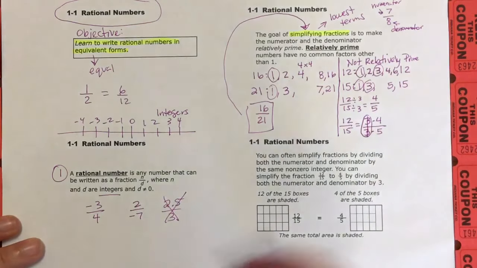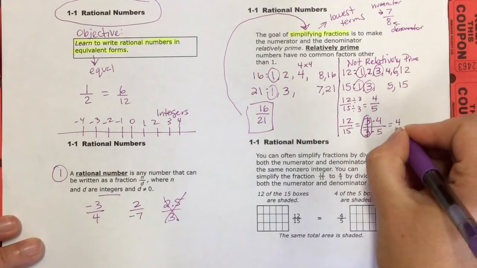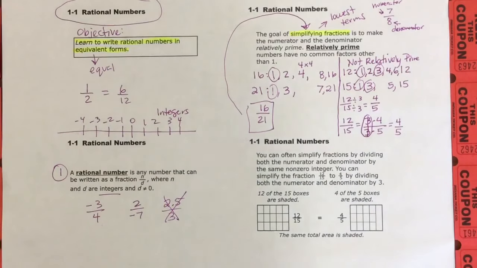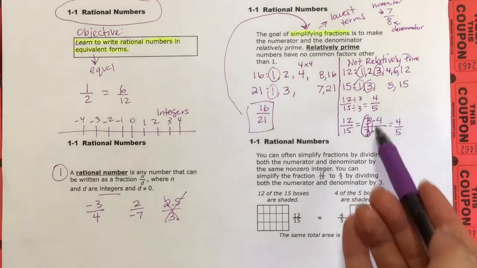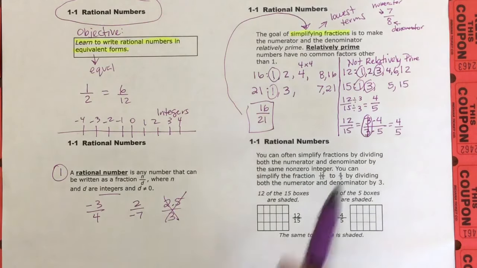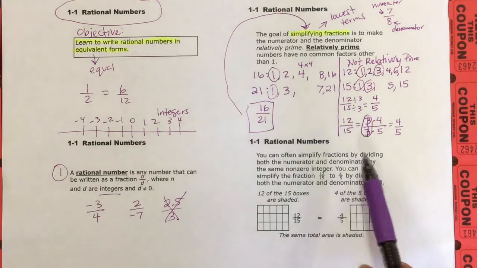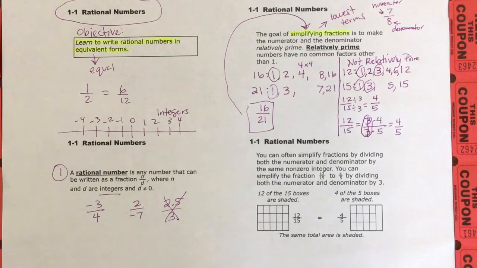And 1 times 4 over 5 is just the same thing as 4 over 5. So you're really just canceling out 3 divided by 3, which is the same thing as 1. So 12 fifteenths and 4 fifths are equivalent fractions. They are the same.